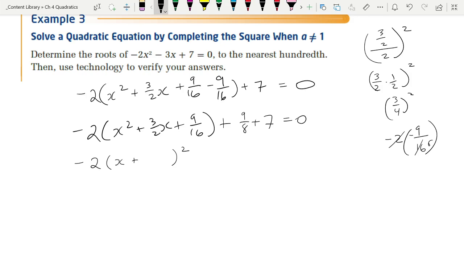So there you go, it's 3/4. It's always kind of this step, right? So 3/4. Now this part, I might do this with scrap work too. 7 is 56/8, right? Because that's 7 over 1 and I times top and bottom by 8. So I have 9/8 plus 56/8 is 65/8.